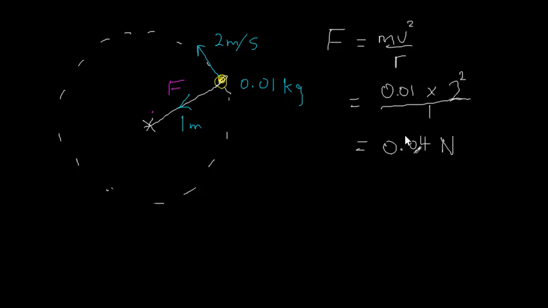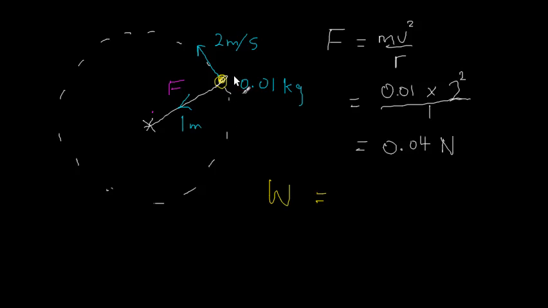Now, while we're here, let's think about the work done. What is the work done by the force, by my hand, if you like, when I swing this little stone round in a circle?